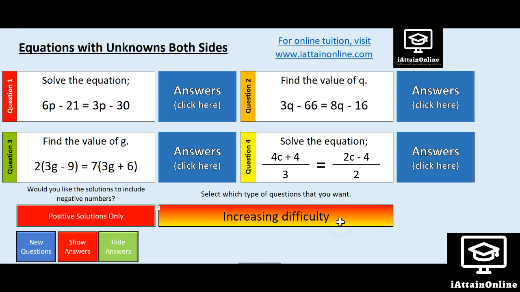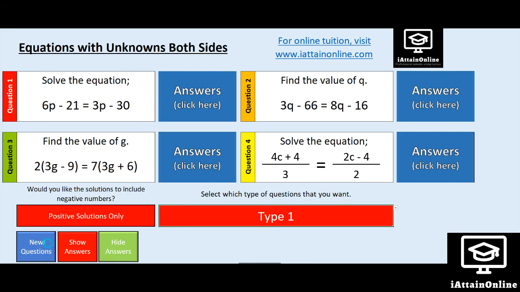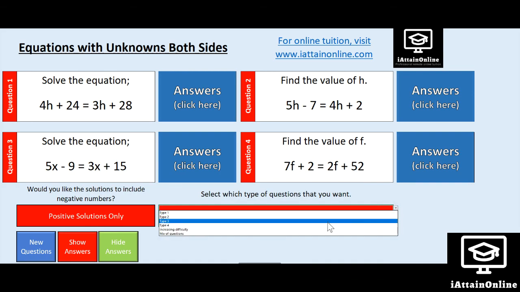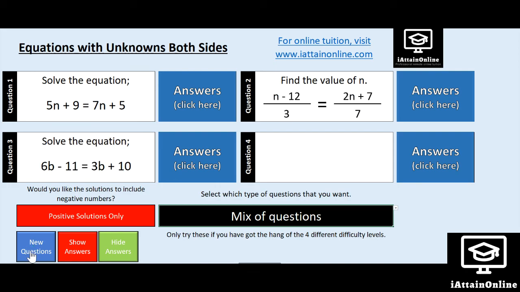At the minute it's set to an increasing difficulty level, but you can get 4 of each of the types of question, or you can get a mix of questions. So once you've got the hang of all 4 difficulty levels, you can get a mixture of all of them where I don't tell you what type of question it is, and you've got to figure it out and work your way through it.